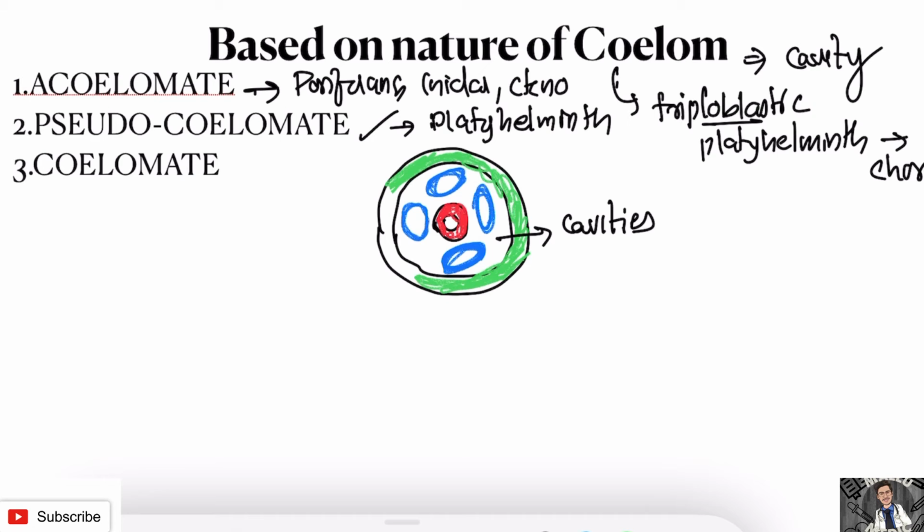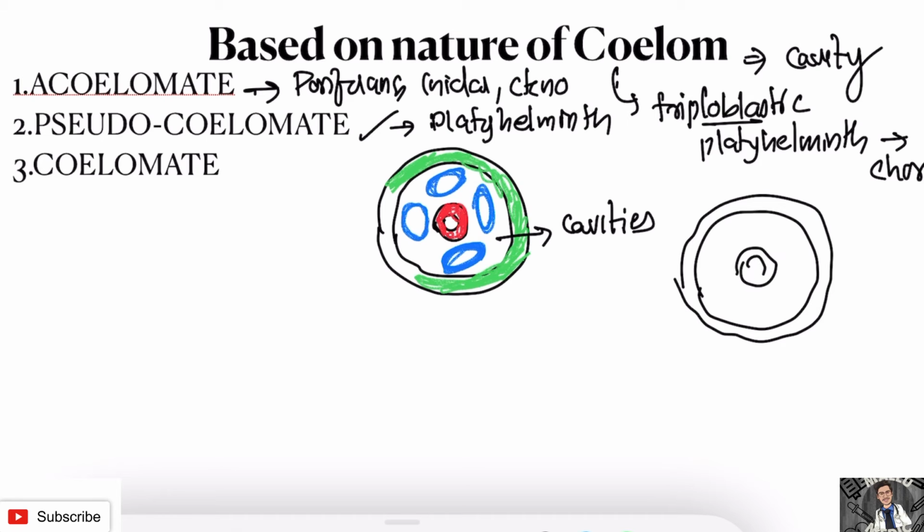And now coming to coelomate organisms. What are coelomate organisms? Having coelom or true coelom. Alright, I'll give you an illustration. So this is our ectoderm, then we have our inner endoderm, and here is our mesoderm. The mesoderm actually splits over here. Fine, you have to color them.